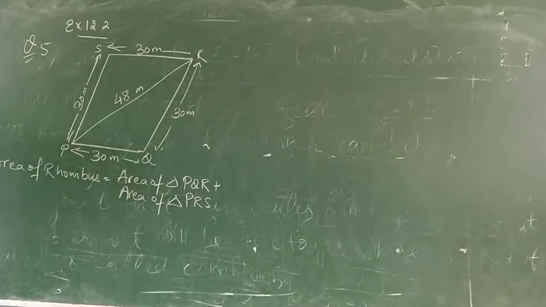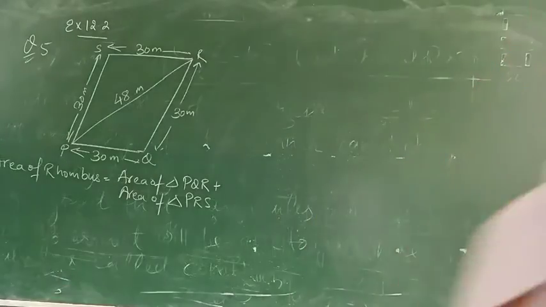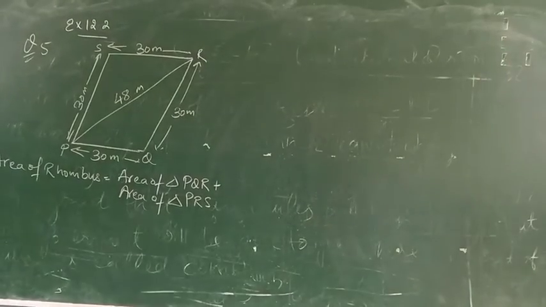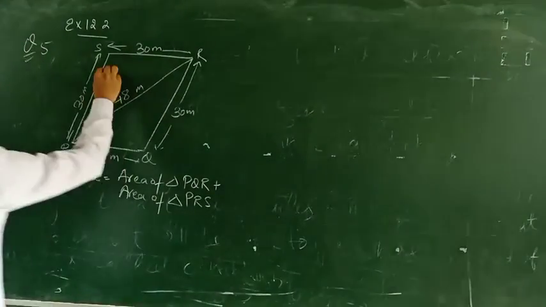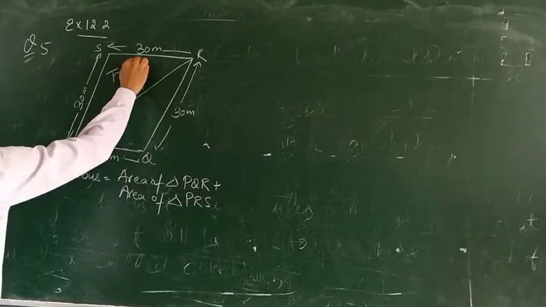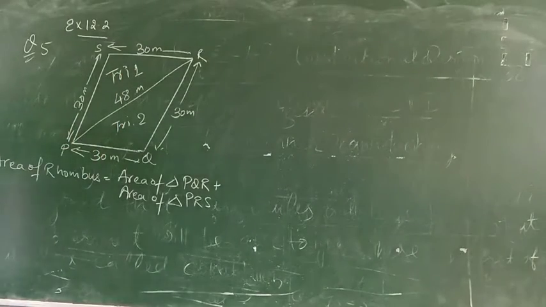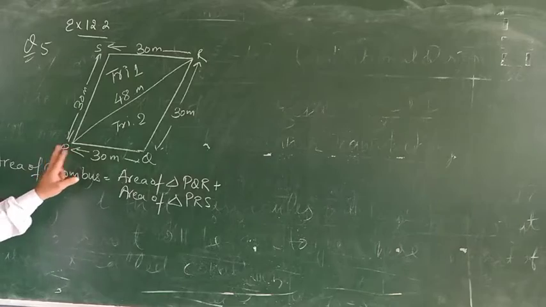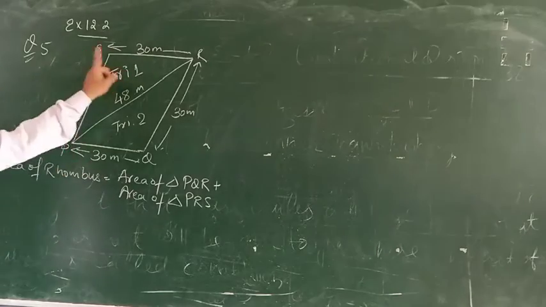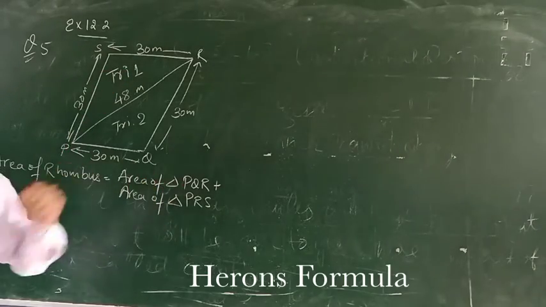So these two are the triangles. Let's say this is triangle 1, PRS, and this is triangle 2.